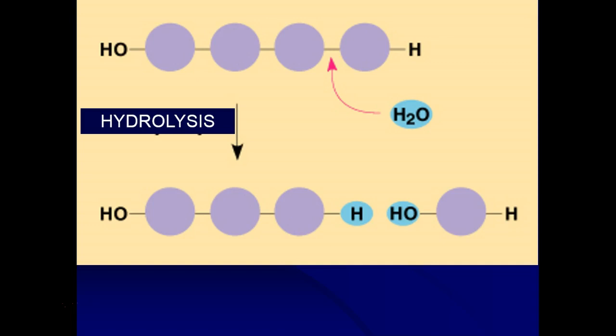So to build a polymer, we use a dehydration reaction. To break down a polymer, we use hydrolysis, where water is replaced. Water is removed to form a polymer. Water is returned when we break a polymer.